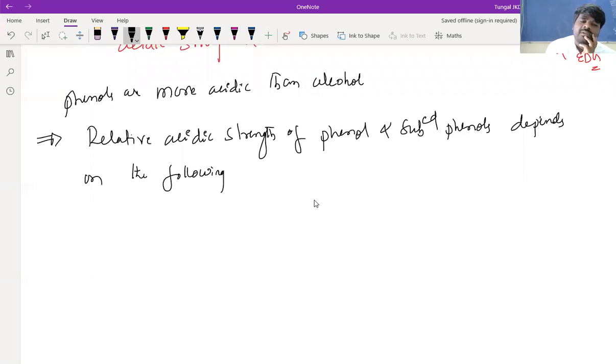This is very, very important, and whatever we are going to discuss now is really important. Relative acidic strength of phenols.